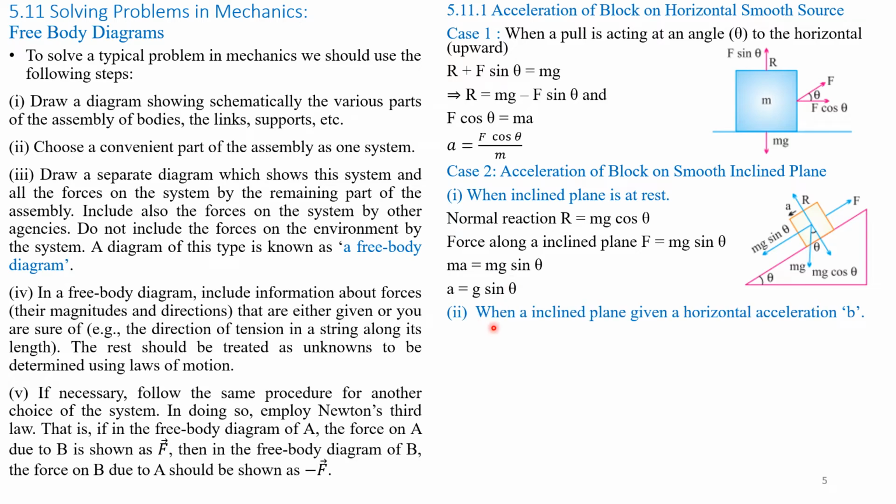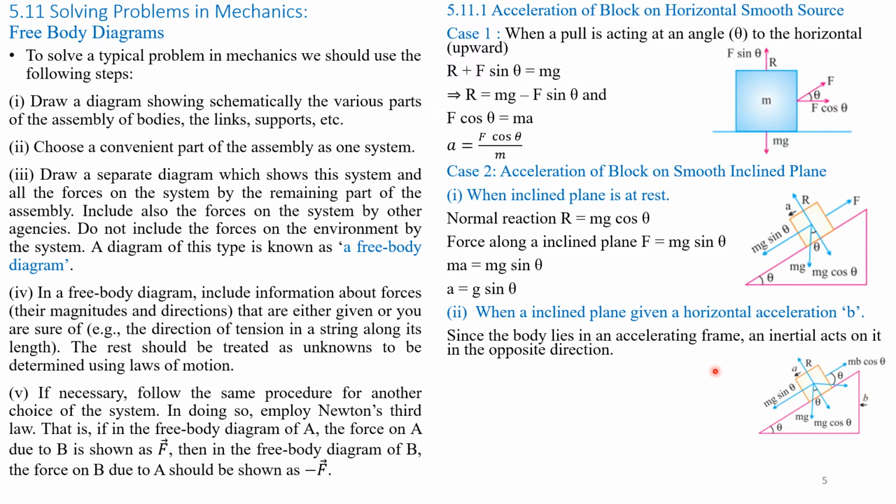So, next case is when the inclined plane is given a horizontal acceleration b. In this case number 2, the inclined plane is given a motion by applying a force, acceleration b horizontal, as shown here. Since the body lies in an accelerating frame, the inertial force acts on it in the opposite direction.